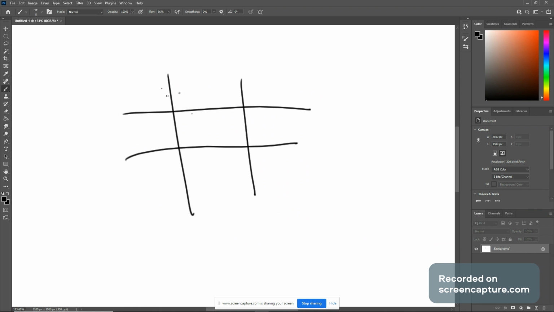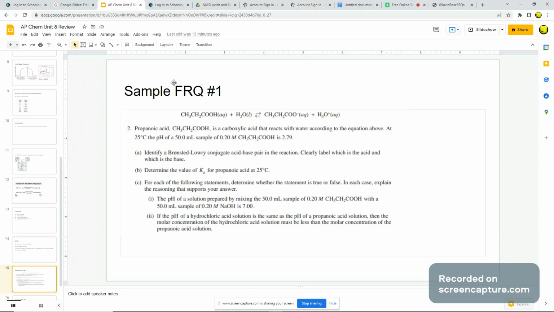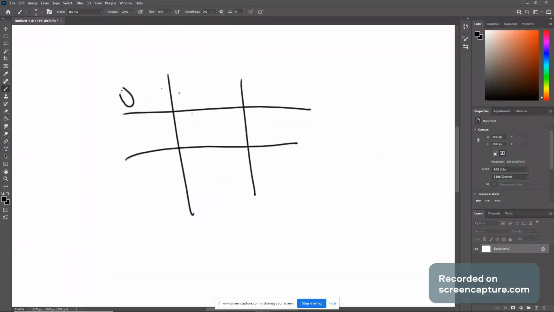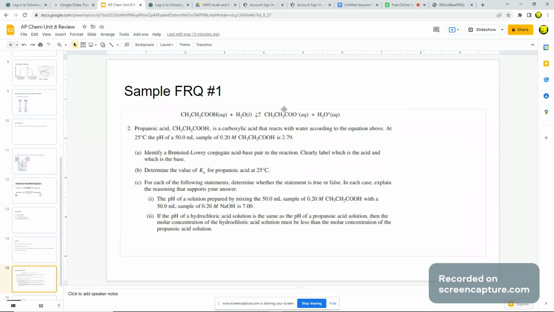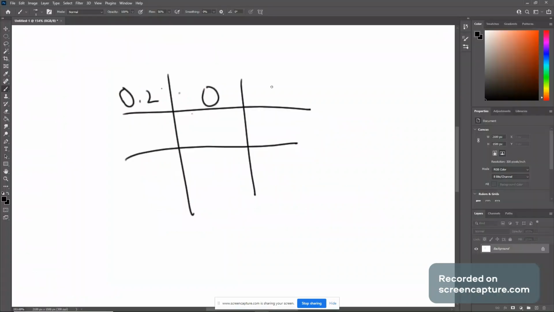So initially you have 0.2 molar propanoic acid. So we put that here. That's your initial for the reactant. We ignore H2O, and we have your conjugate base and your conjugate acid. So those are both 0.